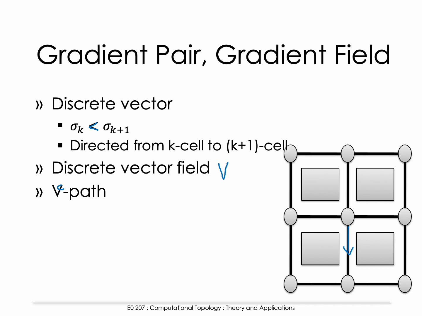So how is this defined? Let's show a V path in this cell complex. So here is a collection of discrete vectors.